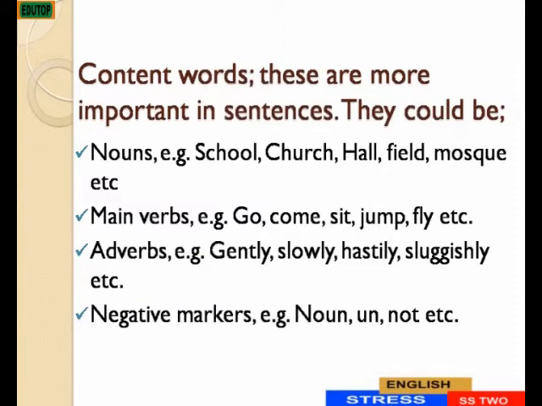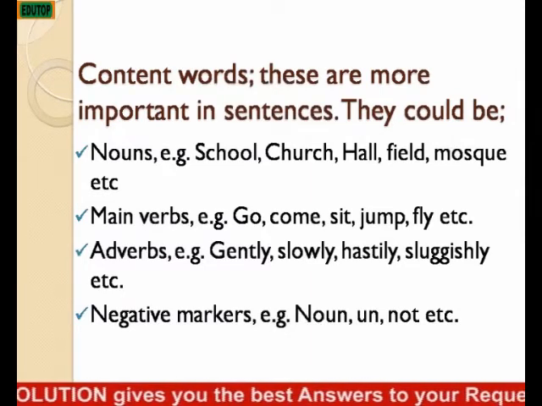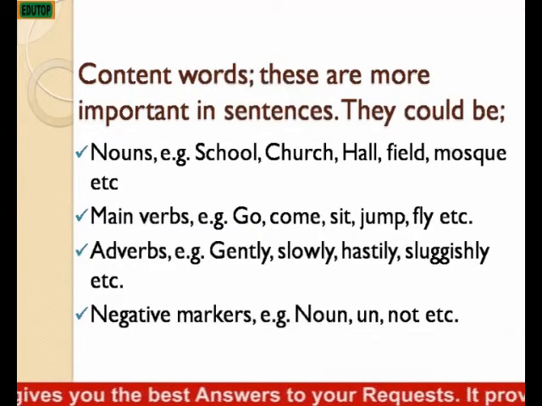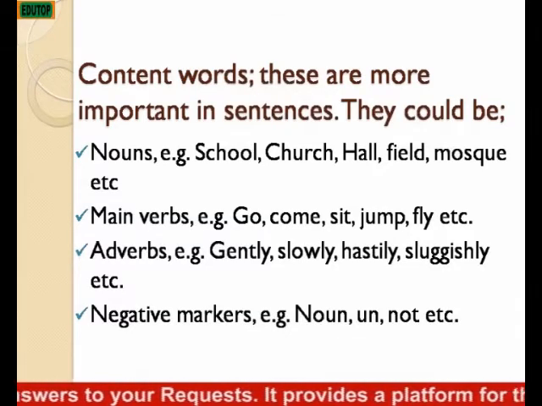They could be nouns, such as school, names of schools, churches, halls, field, mosque, etc. They could be main verbs, such as go, come, sit, jump, fly, etc. They could be adjectives, such as ugly, handsome, beautiful, plenty, few, etc. They could be adverbs, such as gently, slowly, hastily, sluggishly, etc. They might also be negative markers, such as none, not, and so on.